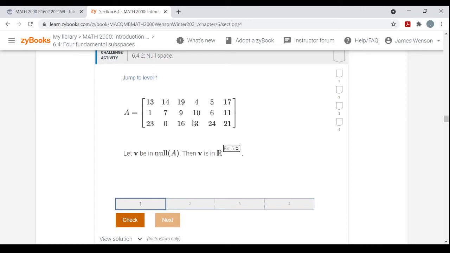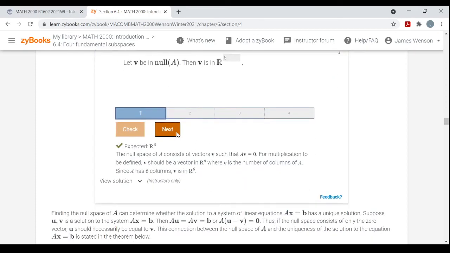The null space vectors are the vectors you would multiply this by to get the 0 vector in R3. So the vectors you'd multiply by would have to be 6-component vectors. It's a 3 by 6, so you'd multiply it by a 6 by 1. So the vectors in the null space of this matrix would have 6 components. They'd be from R6. It's pretty simple, just entering a dimension there.